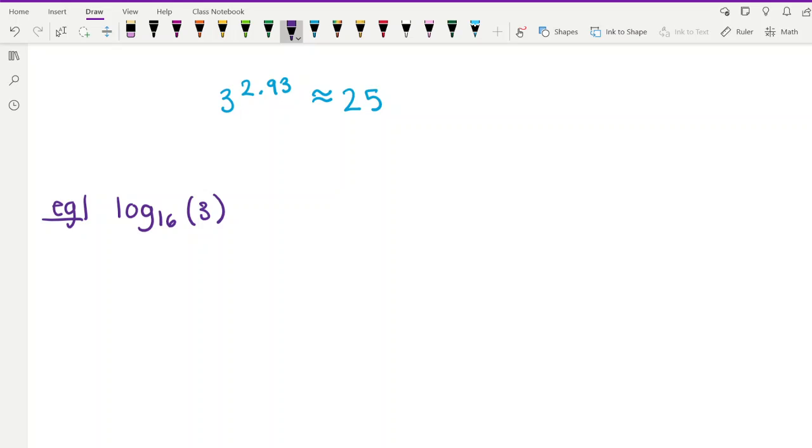So instead, we want to think about what are some fractional powers of 16 that would get us close to 3. The first one that you might think of in terms of fractional powers that you could raise 16 to, and I'm going to put it on the right because we're going to do a smaller one on the left, is this: if you raise 16 to the 1/2, that's going to give you 4, right? So that would be our overestimate.